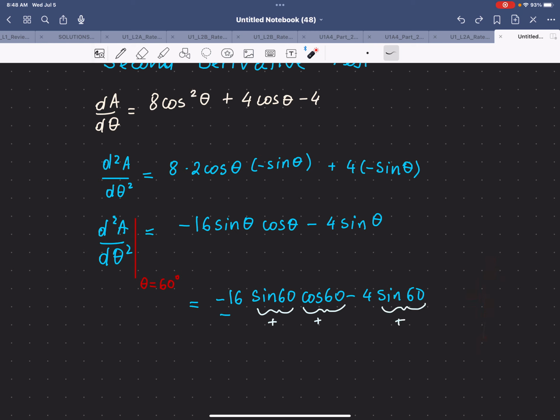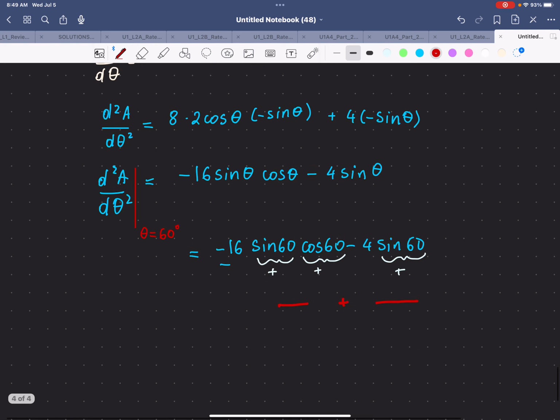And sine 60 again here is positive. So as you can see, we have the product of a negative with two positives. So this entire thing in here will be a negative. And we are subtracting a positive. So this is another negative. So when a negative is added to a negative, it means that the answer will be negative.